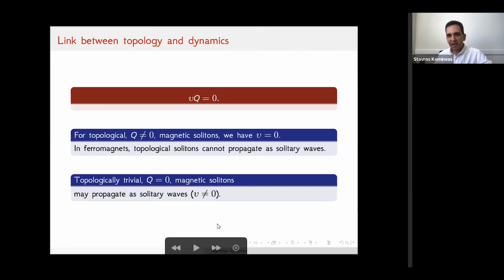So this is now a very direct and very simple link between topology and dynamics. And this is very general. The calculations that I did in the previous page are straightforward. Of course, we cannot do this off the top of our head, but they are simple calculations.